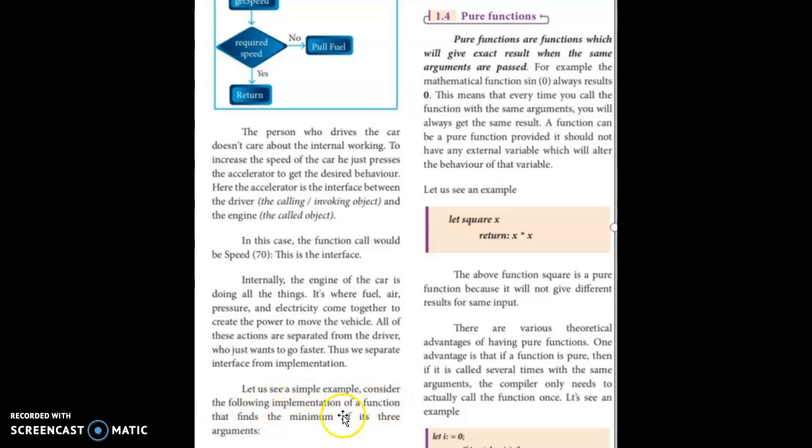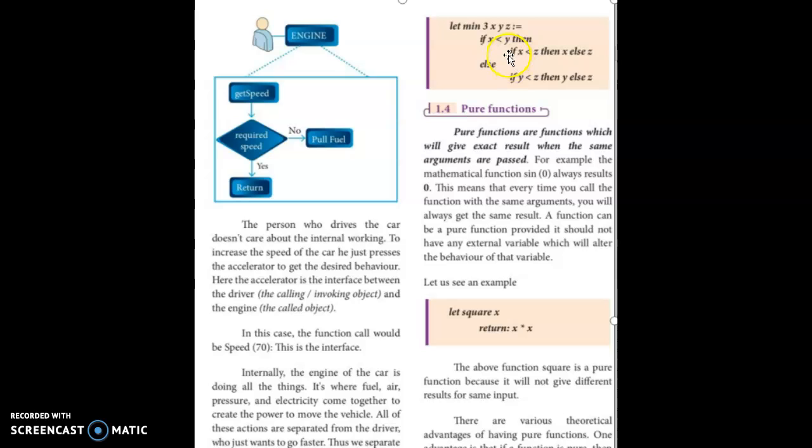Consider the following implementation of a function that finds the minimum of three arguments. Here is the code: let minimum of 3 numbers x, y, z. Let is a keyword, as we saw in the last class.